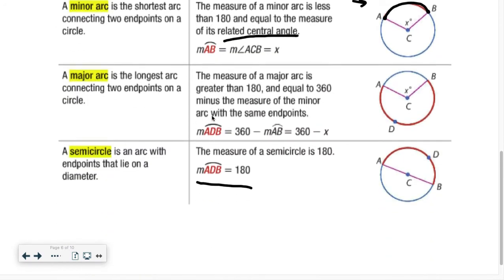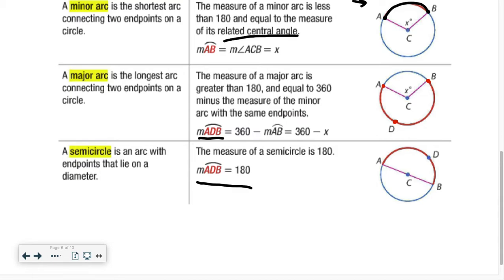Okay, guys, major arc, as you can see in the diagram here, they describe it using three letters. So you know we're talking about the major arc because it goes from A, then to D, then to B. So the major arc here, A to D to B. Right?